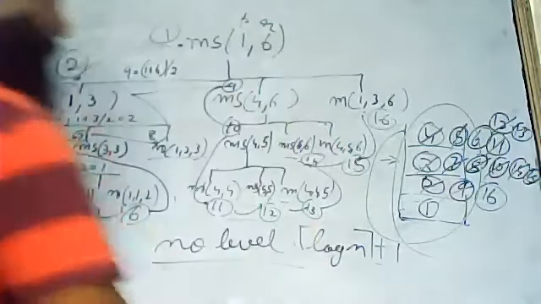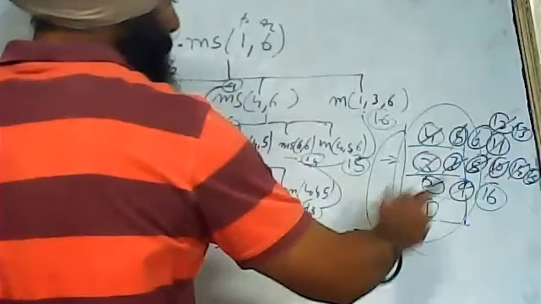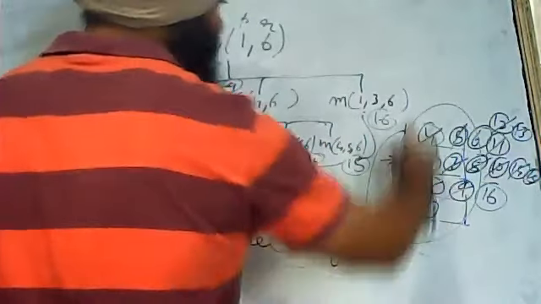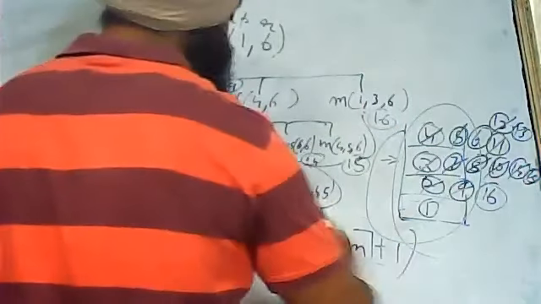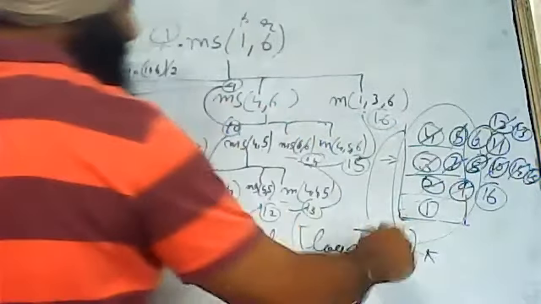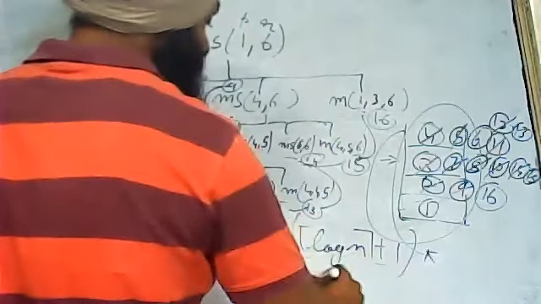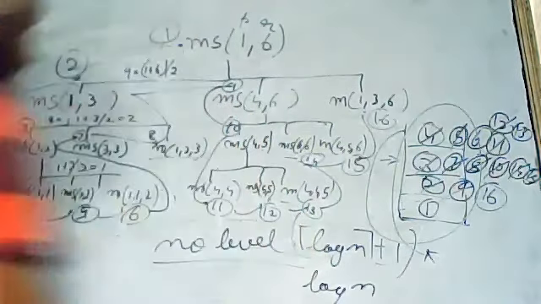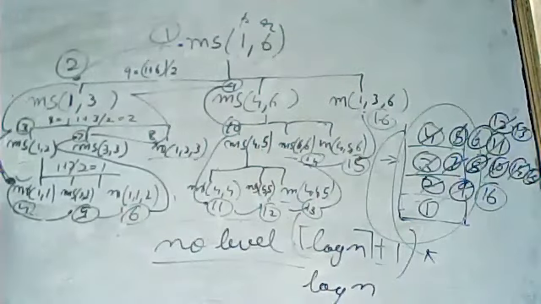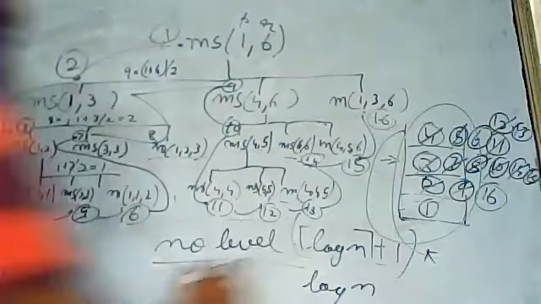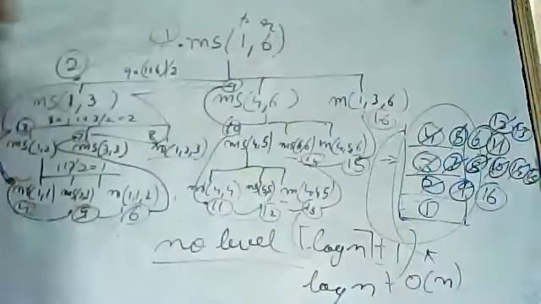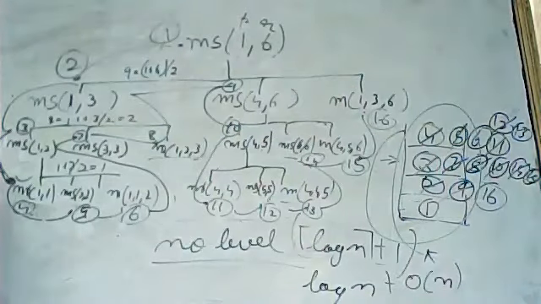So this plus 1 can be ignored, and it also depends upon the number of elements. So if the number of elements in this case was 6, and in another case is any constant k, that will not affect it. So log n will be the space complexity, plus there is one more term, order of n, because auxiliary space is needed.